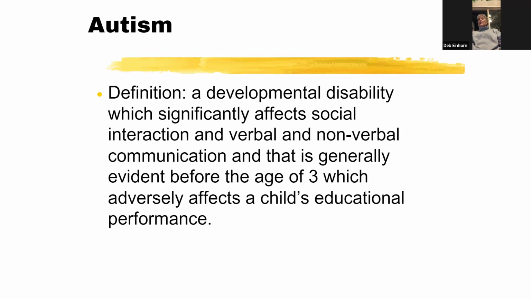So autism is quite a large range, but it is a developmental disability, and it affects social interaction and verbal and nonverbal communication. It's generally evident before the age of 3. And for students in school, it adversely affects their educational performance. When we say verbal and nonverbal communication, some students with autism can speak as well as anyone, but they may have difficulty using language to communicate.